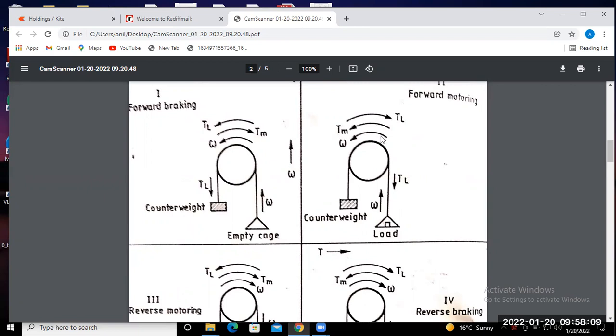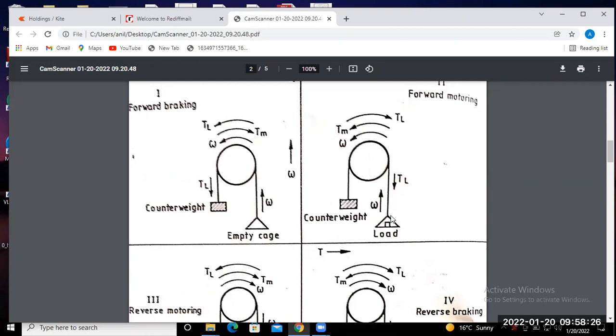Okay. So suppose that this is a pulley, and you want some load lifted in the upward direction with some particular speed represented by omega.